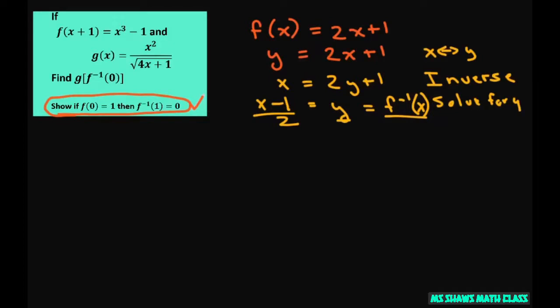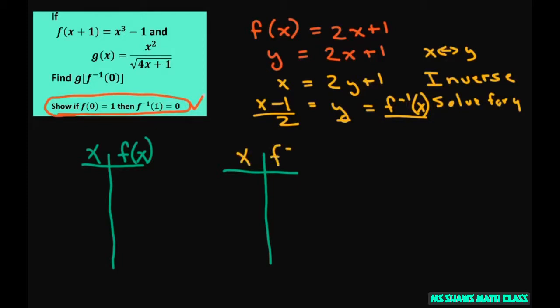So basically, I'm going to do a table of values, and this is the main reason I want to do it. I want to do a table of values for this one and also for this one. So you'll see what I'm talking about.